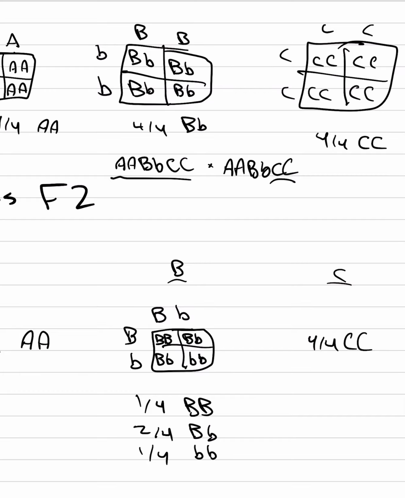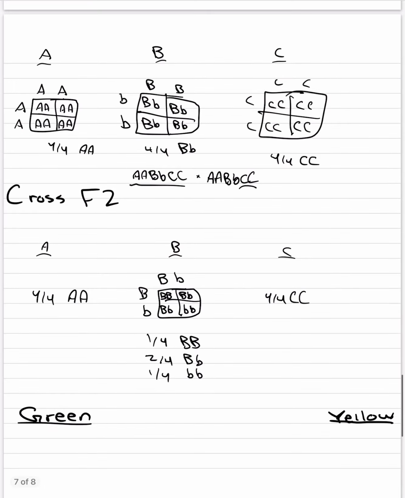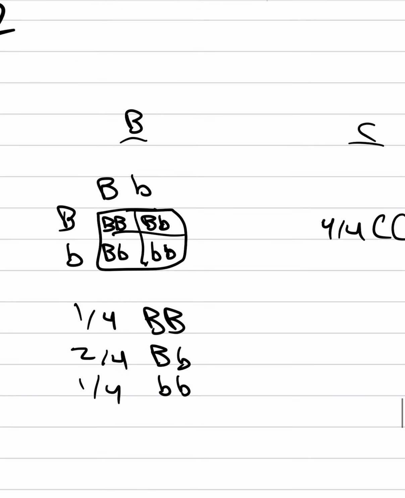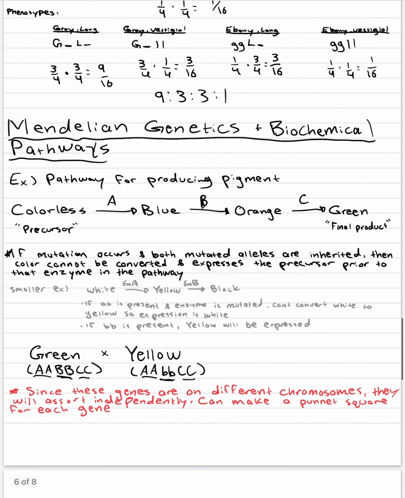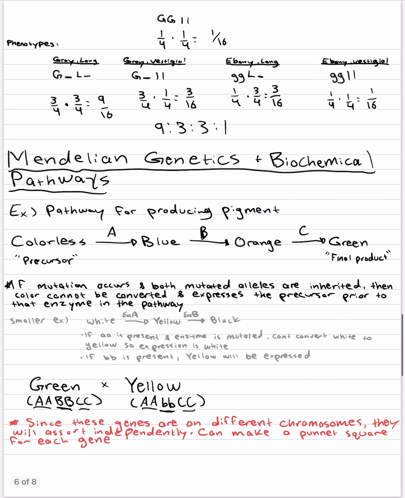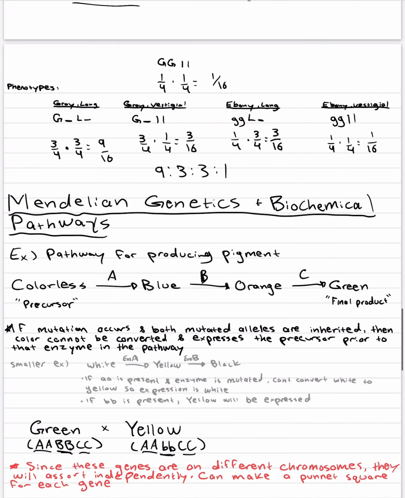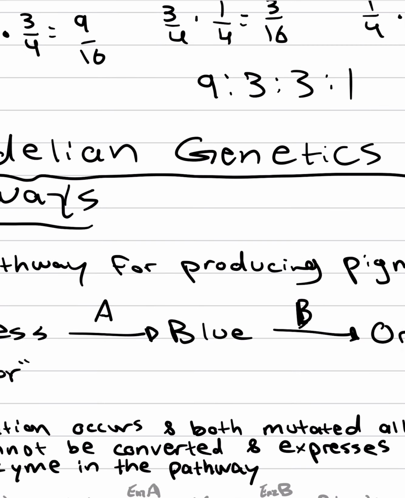Now, we want to find the amount of the individuals who will be expressing the green color and who will be expressing the yellow color, because we know that any individual who has little b is going to express the yellow color, since if we look at the pathway, enzyme B is responsible, okay, this blue should be yellow, it should not be blue.